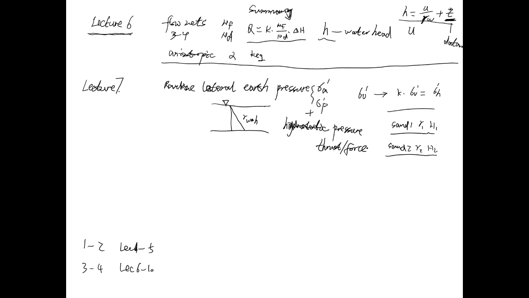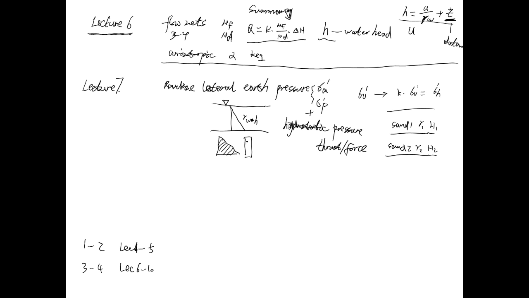Thrust or force will be the sum of the pressure distribution diagram. So let's say if you have the passive pressure distribution like this, then you just calculate the area, either a triangle or a rectangle, which gives you the thrust.